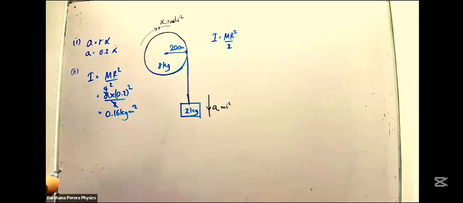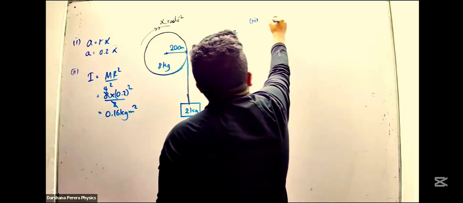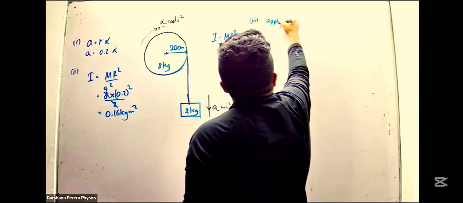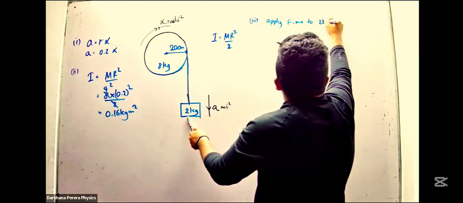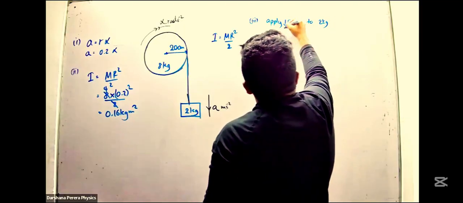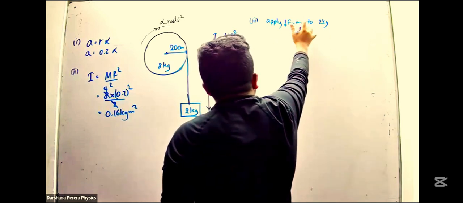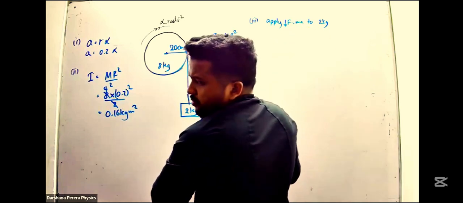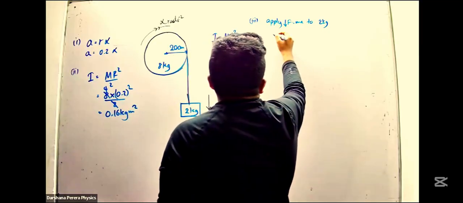Then we have to apply F equals ma to 2 kilogram in the downward direction. We have to mark all these things, the direction and F equals ma. Then apply F equals ma.